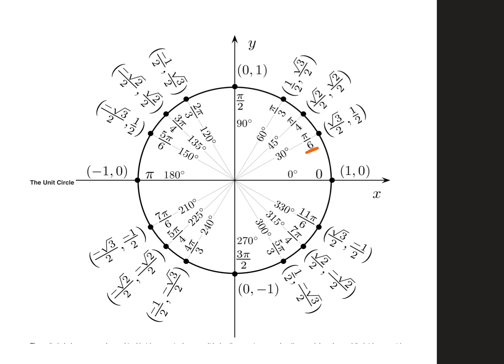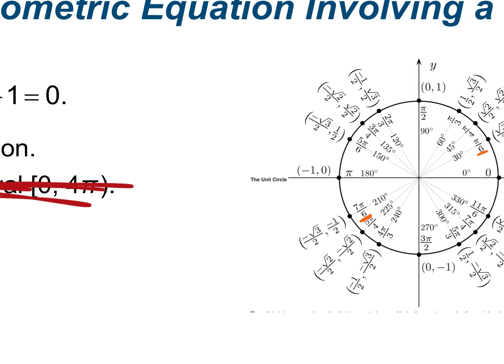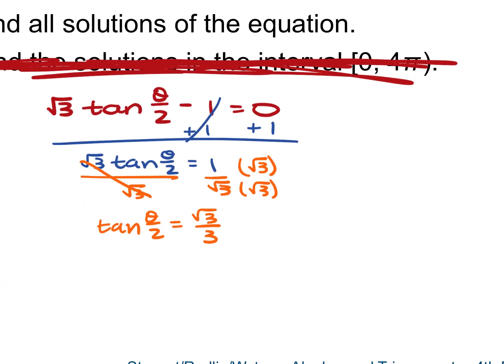So if you use that square root of 3 over 2, comma 1/2, and divide them, 1/2 times, take the reciprocal, 2 over the square root of 3. If you rationalize your denominator, it's going to give you the square root of 3 over 3. So you're going to use that pi over 6. You're going to use that 7 pi over 6 because you're going to get the square root of 3 over 3 if you divide your y by your x. So use both of those, pi over 6, 7 pi over 6.